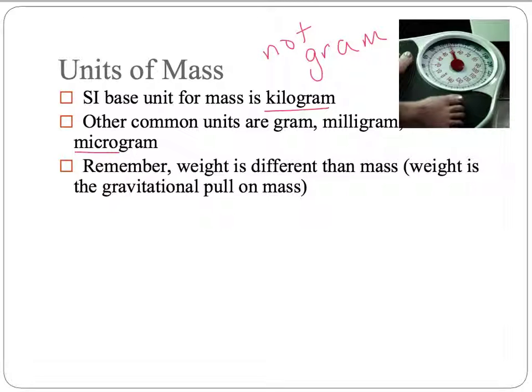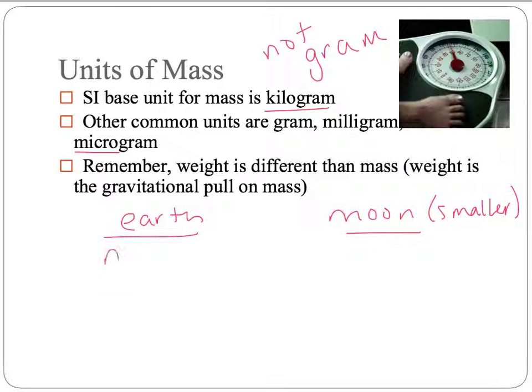Now also, remember that weight is different than mass. So weight is going to be your gravitational pull on your mass. So think about Earth and the moon. So the moon is smaller. So no matter what, your mass is your mass. So they are the same.